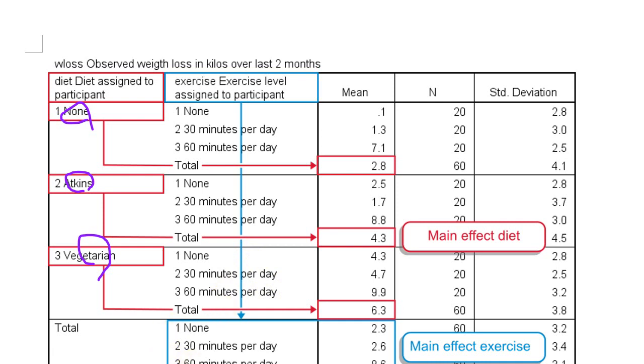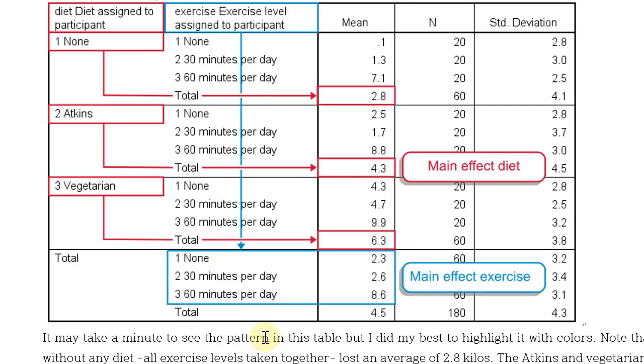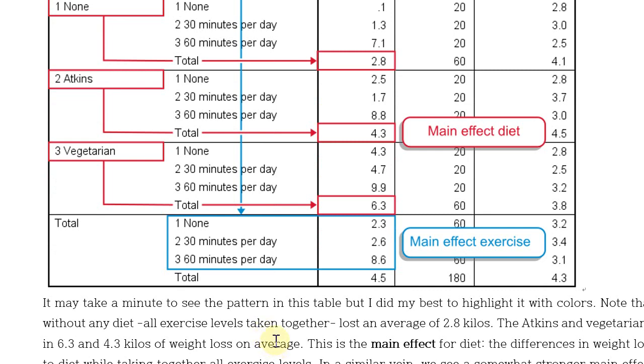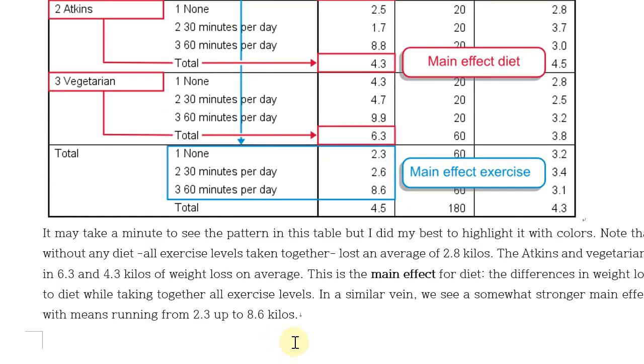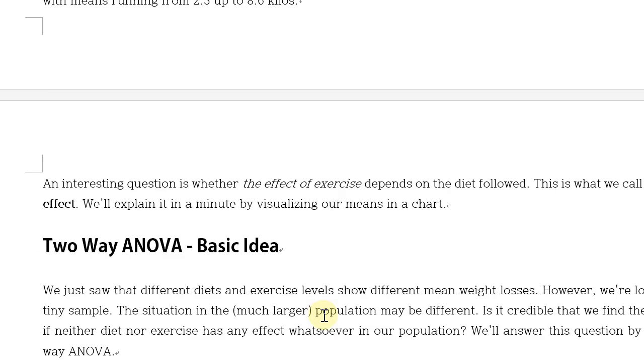Let's see the next. This is just an intermediate step to make your understanding easy, because we believe that you are not so accustomed to this kind of table, right? Okay, just skip it.